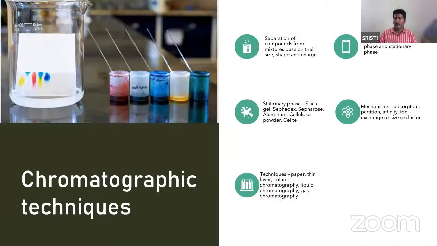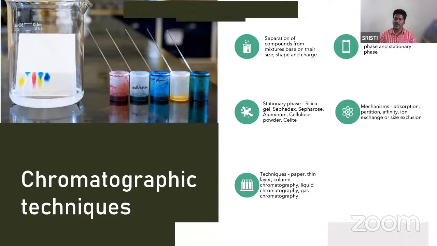Coming to the chromatographic techniques. There are different chromatographic techniques that are used to separate the pure compound from the mixture of extracts that you have prepared. The separation is based on size, shape, and charge. It involves using one mobile phase and one stationary phase.